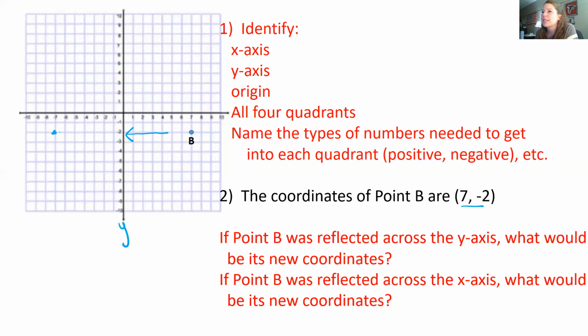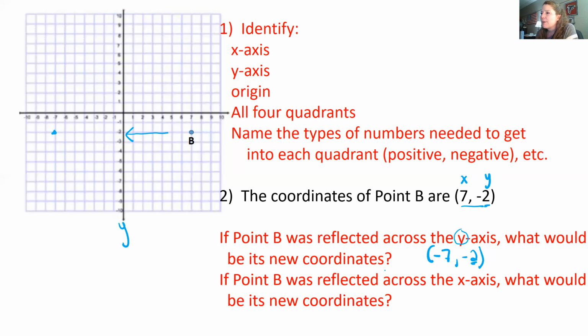So the new coordinates would be -7, -2. So the first number is our x coordinate. The second one is our y coordinate.